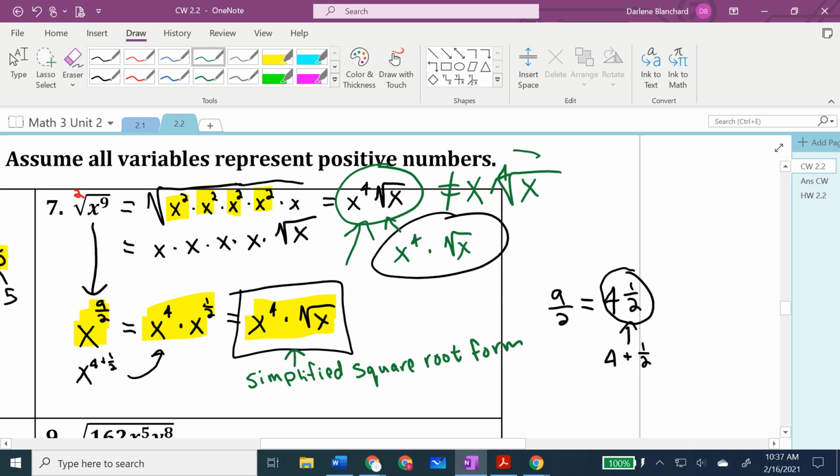Just be careful not to accidentally write it this way. If you want to put that multiplication symbol in, that is fine, because honestly, I wish they had done that with notation, because it confuses people to not write it that way.